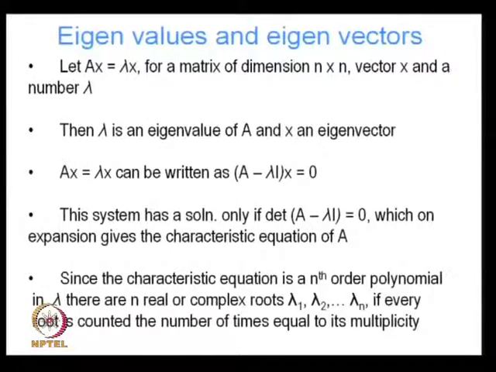Notice that (A minus lambda I) x equal to 0 is a homogeneous system. From what we have looked at previously, this homogeneous system is only going to have a nontrivial solution if determinant of A minus lambda I is equal to 0.